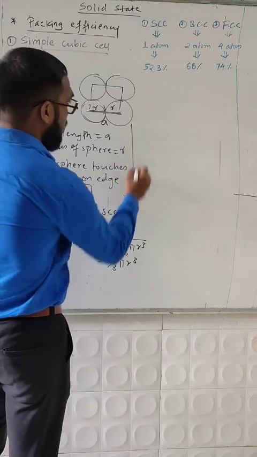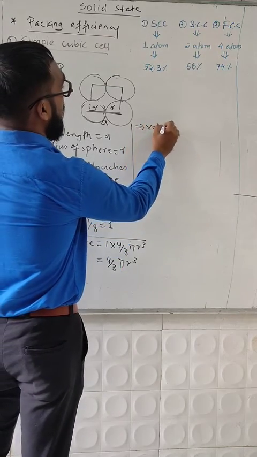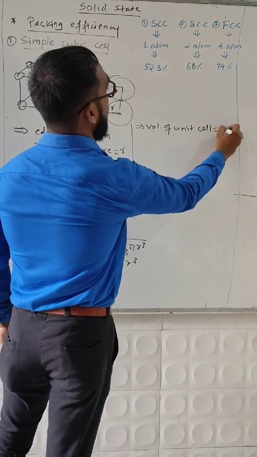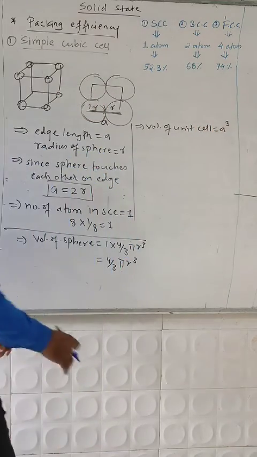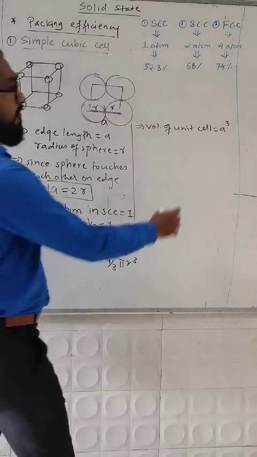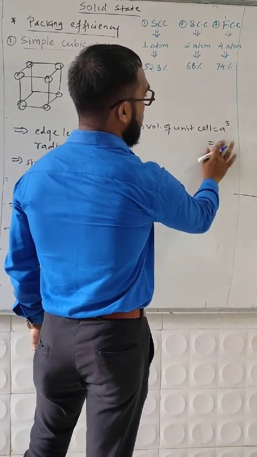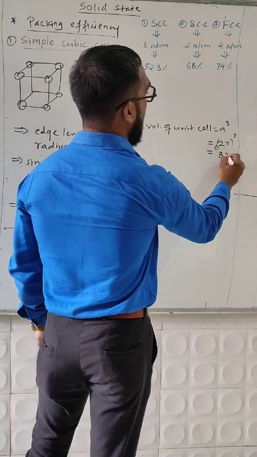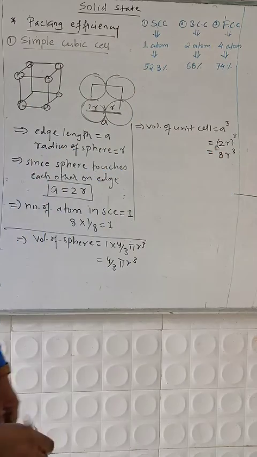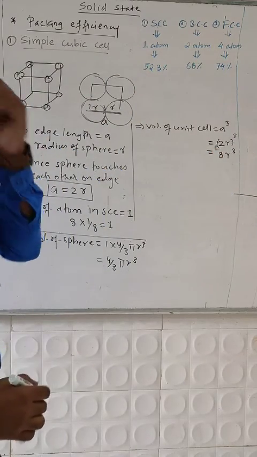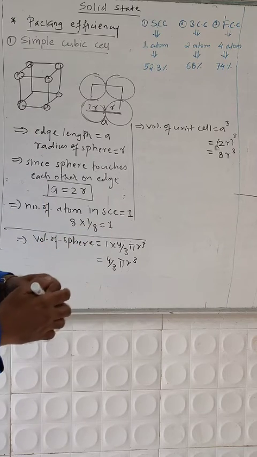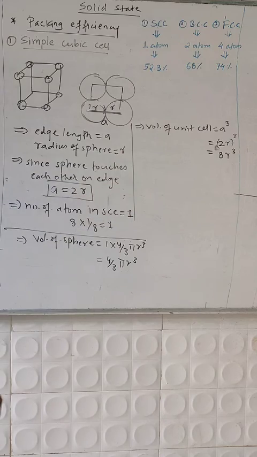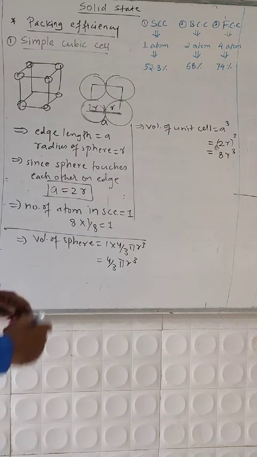Next, volume of unit cell is equal to a whole cube. What is the value of a? That is 2r whole cube, that is 8r cube. Substituting the value, 2r whole cube is 8r cube.